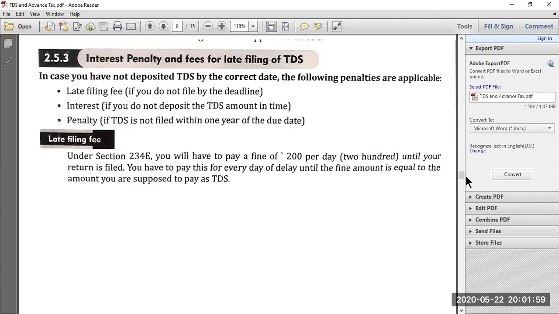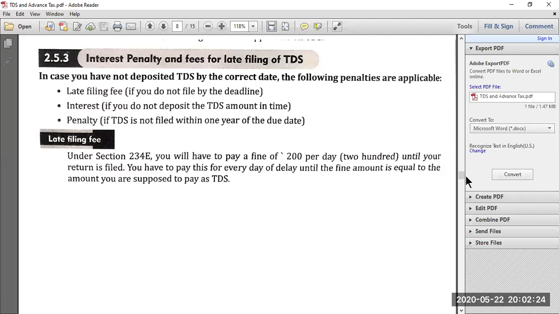Then penalty would be levied if the TDS is not filed within 1 year of the due date. So extra penalty will be levied if you are not filing the TDS returns within the due dates. Now, late filing fee as well as penalty is related to late filing of TDS returns, and interest will be paid in case you are not depositing the money within the time. Now let us understand all these three things in detail.